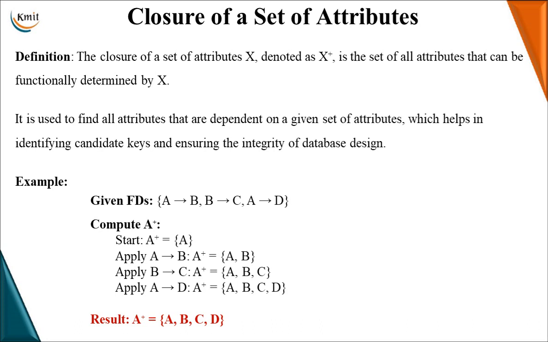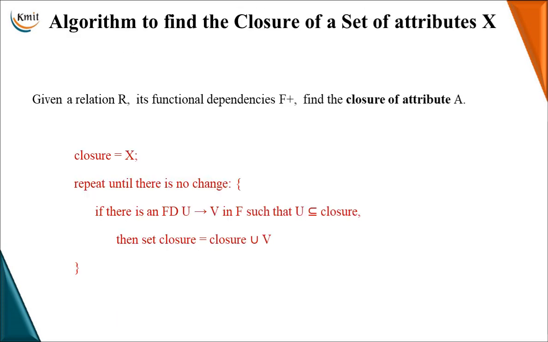Let me see B determines C. Because B determines C, and B is already a subset of this closure, I can include C. Do I have any dependency here which includes B or C? I don't have any more. So B plus contains only B and C. In such a situation, it cannot be a candidate key.